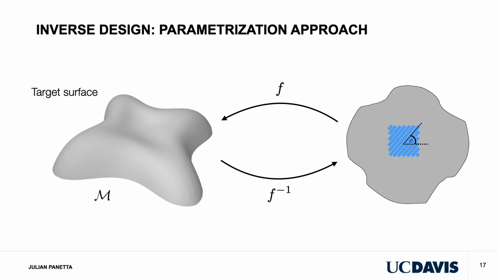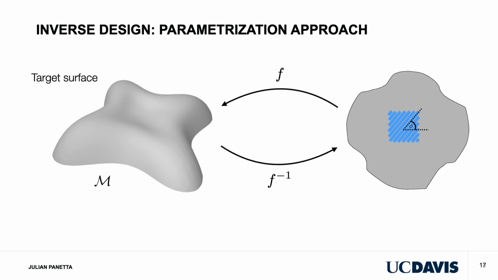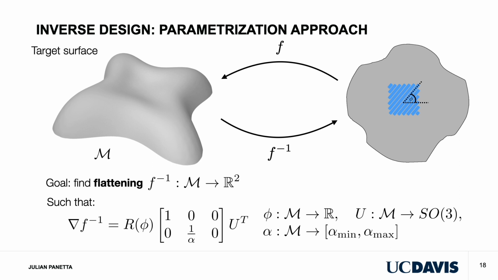This now sounds like a classic problem from computer graphics, computing a surface parametrization. However, existing parametrization algorithms typically seek maps that minimize distortion. We instead wish to find a flattening that distorts the surface in a way that perfectly corresponds to an inflation deformation. In other words, one of the Jacobian singular values should be 1, and the other should lie in the admissible range.